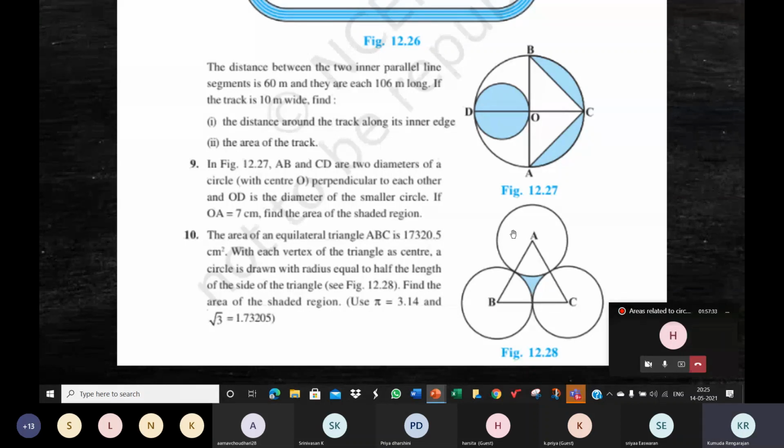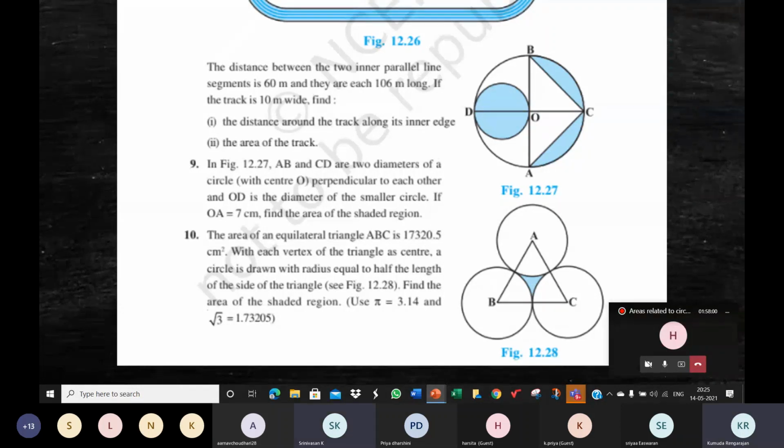What if the whole thing is shaded? How do you find the area of the entire thing? Are we there, children? Am I audible, children?